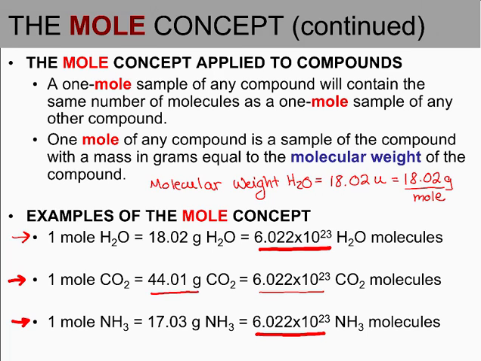And then the last example, if we calculate the molecular weight of NH3, we would find that it weighs 17.03 atomic mass units. But additionally, that means that if we have 1 mole of NH3, then that will weigh 17.03 grams.